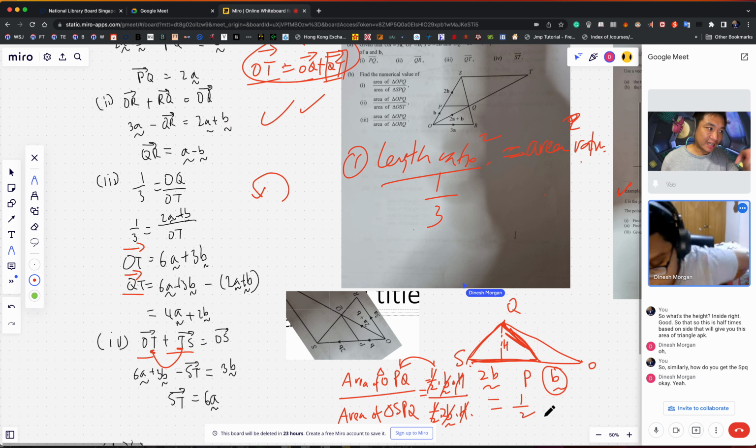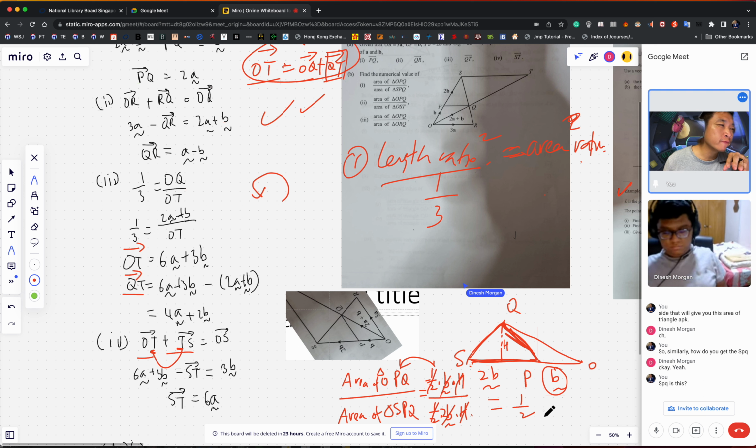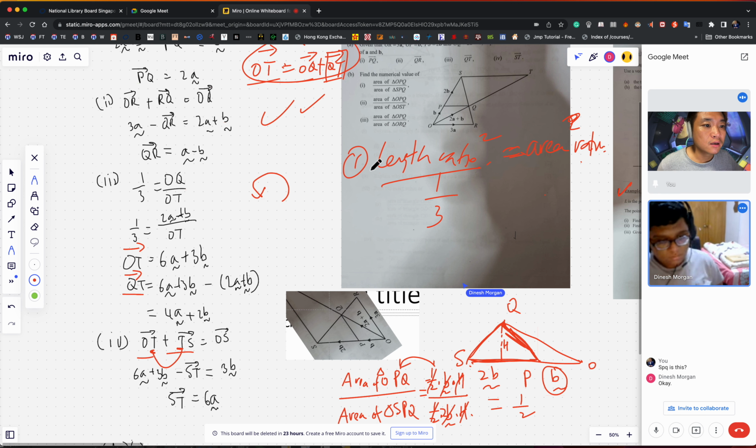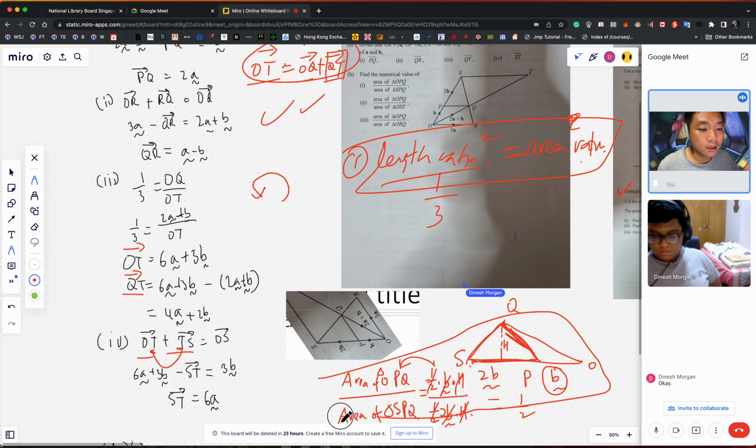Yeah. Just now I approached this question from another angle. That way works. This way works as well. Okay. So in fact, besides, you can use the length ratio, as you square it, you get the area ratio. This is another way. Okay, if they have the common height.